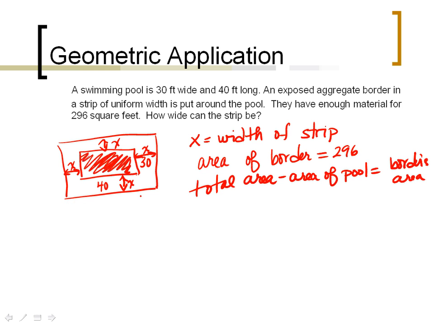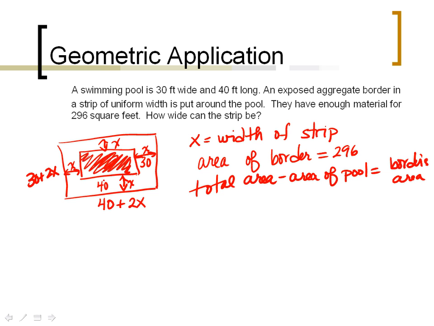Okay. Well, what is the total area? That means we need to find this dimension out here. Well, it was originally 40, right? But we expanded it by x on each side. So this is 40 plus 2x. The width here was originally 30, but we expanded it by x on each side. So this is 30 plus 2x.